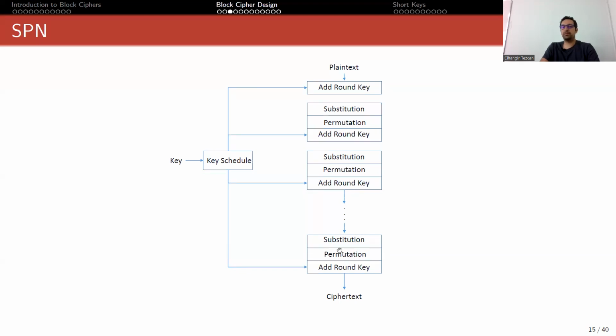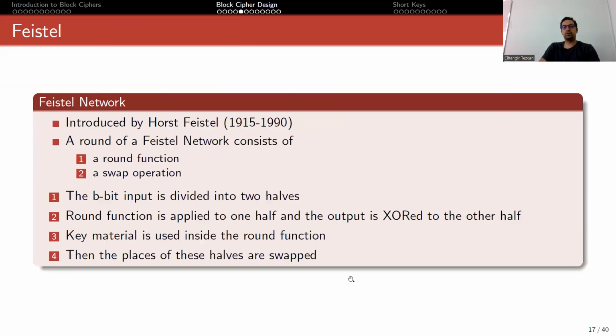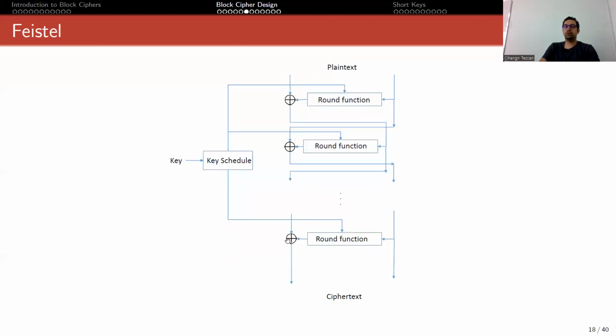For instance, if in the encryption part you are performing a matrix multiplication, then in the decryption part you have to multiply with the inverse of the matrix, right? So you need to implement more, which means that if you're implementing it in hardware, you will be spending a lot of resources in terms of area, right? So in the Feistel, actually, you don't need the inverse of the round function.